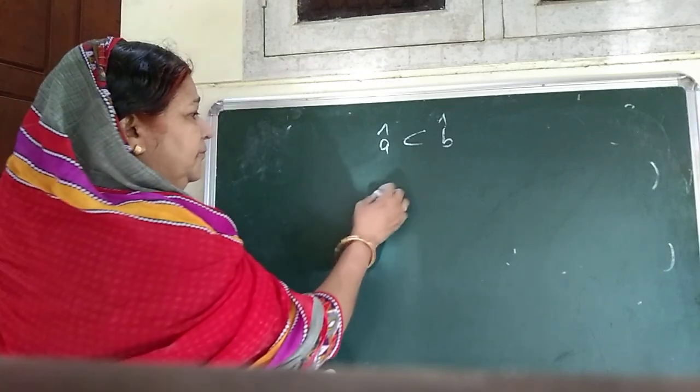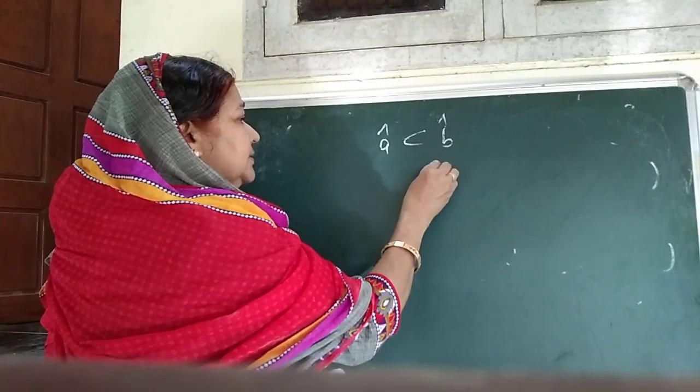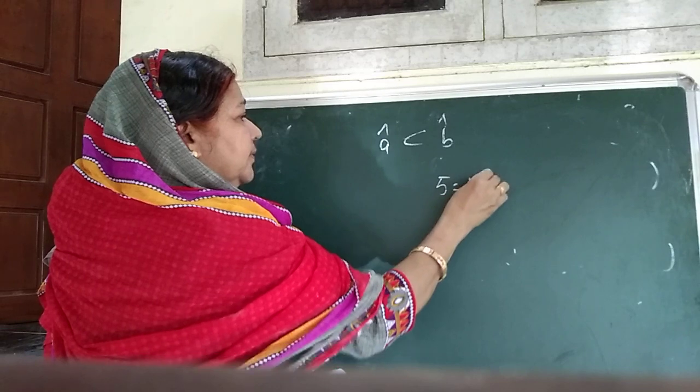You can see this from a simple example. Say M equal to 5.